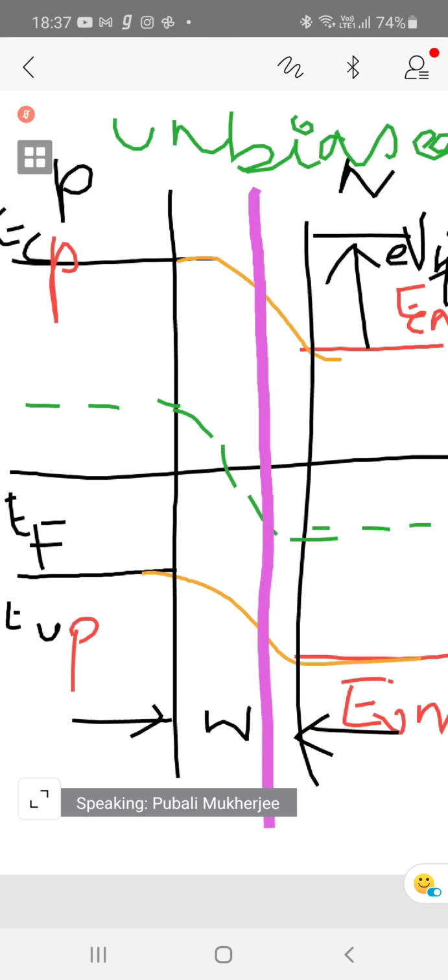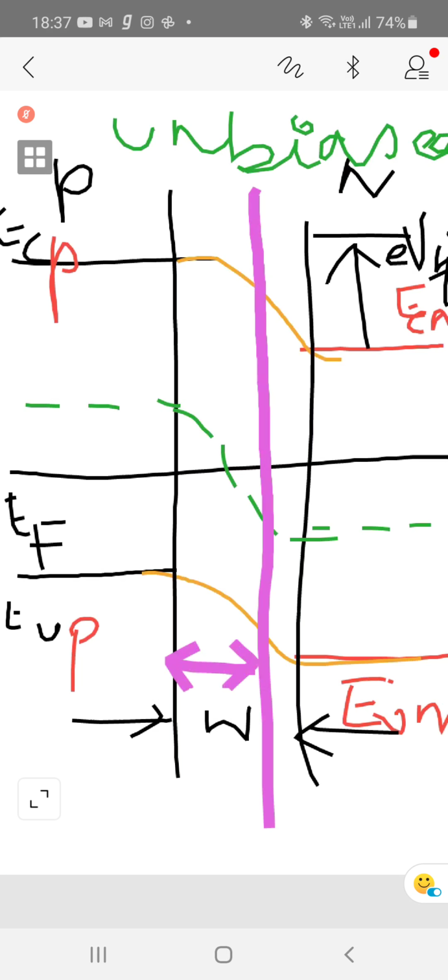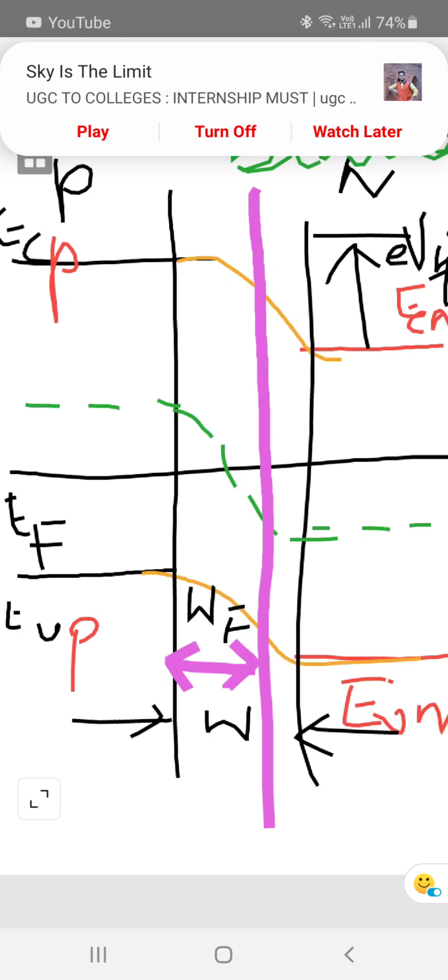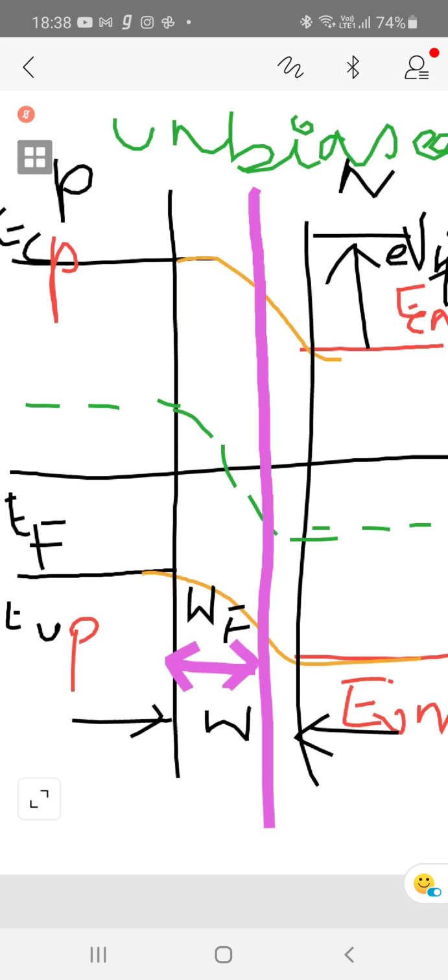This was W, and this is say WF, where F stands for forward bias. This makes remembrance very easy. So the depletion width has decreased to WF. WF is less than W.